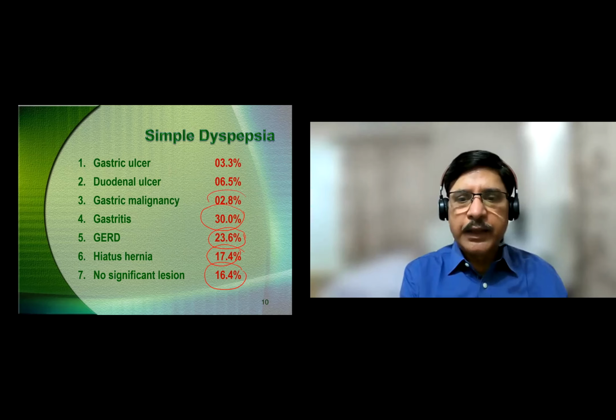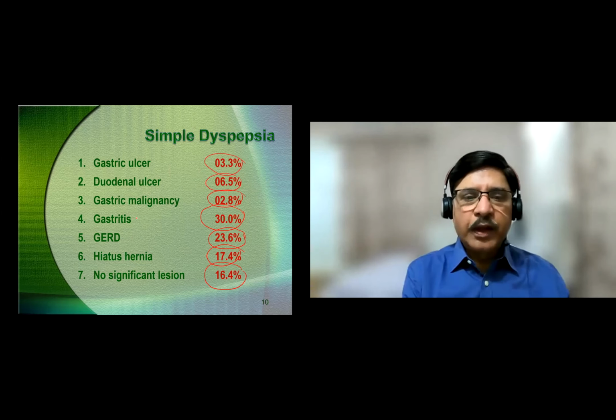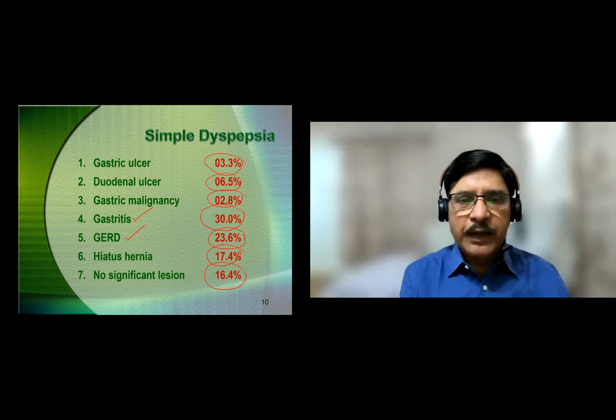Gastric malignancy, 3%, duodenal ulcer, 6.5%, gastric ulcer, 3.3%. What does this tell me? The commonest cause of dyspepsia is gastritis and GERD. But there is a 3% chance of malignancy and a 10% chance of ulcer. I don't want to miss these two people.